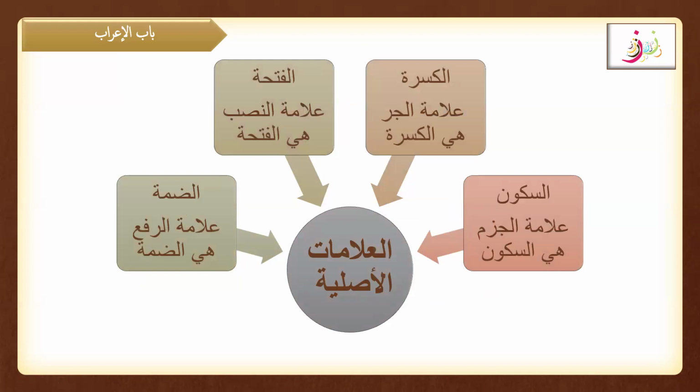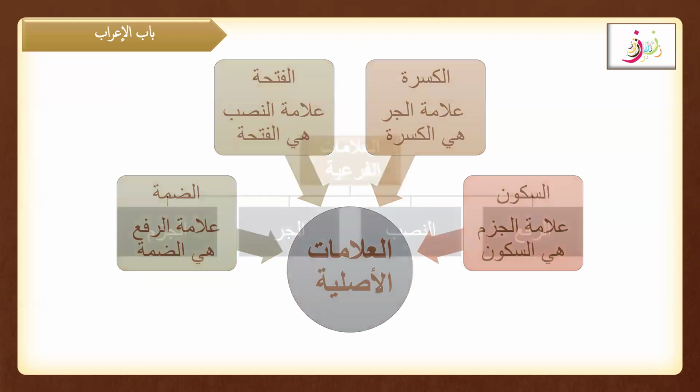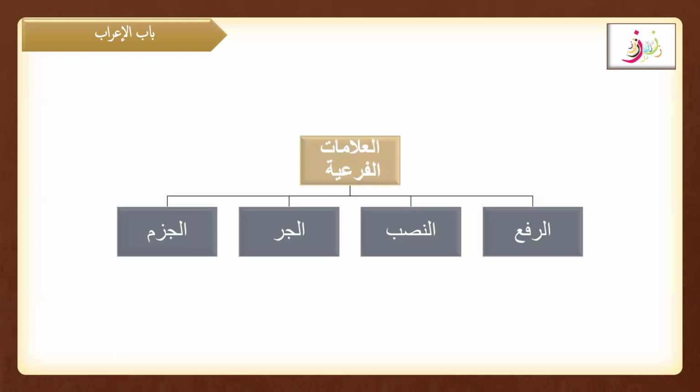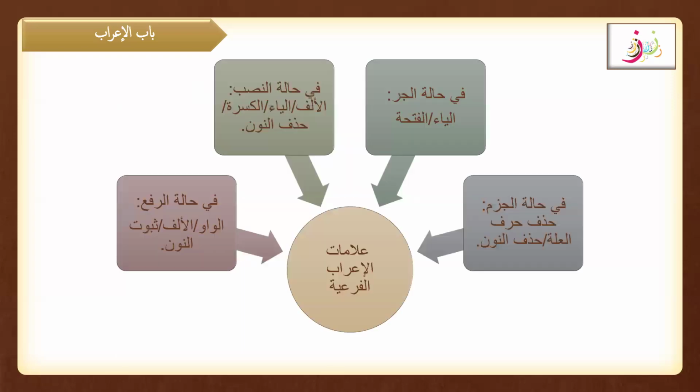And we know that for alamat fariya, these are not the real signs for Rafa, Nasab, Jar, and Jazm. What are they? For halat rafa, you know that for asliya it is always dhamma, but for the fariya, it is wow, alif, and thubutun noon. These four signs you see for halat rafa.